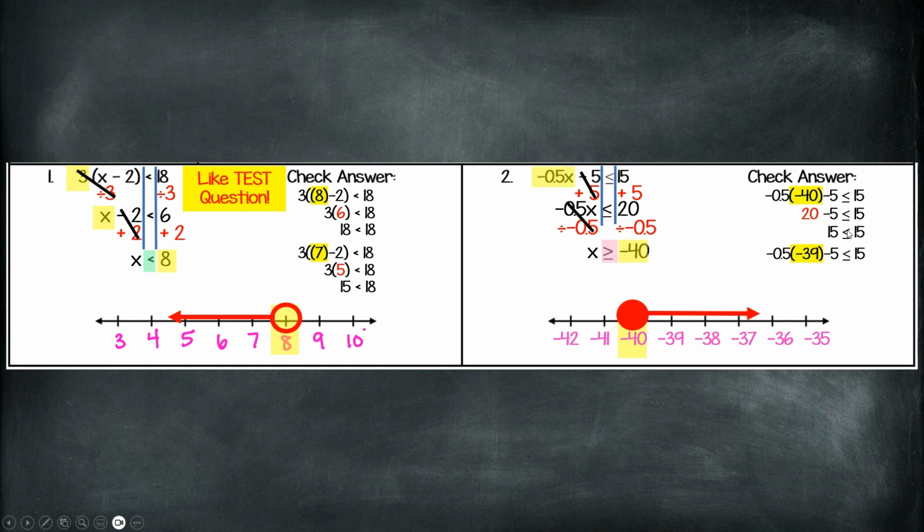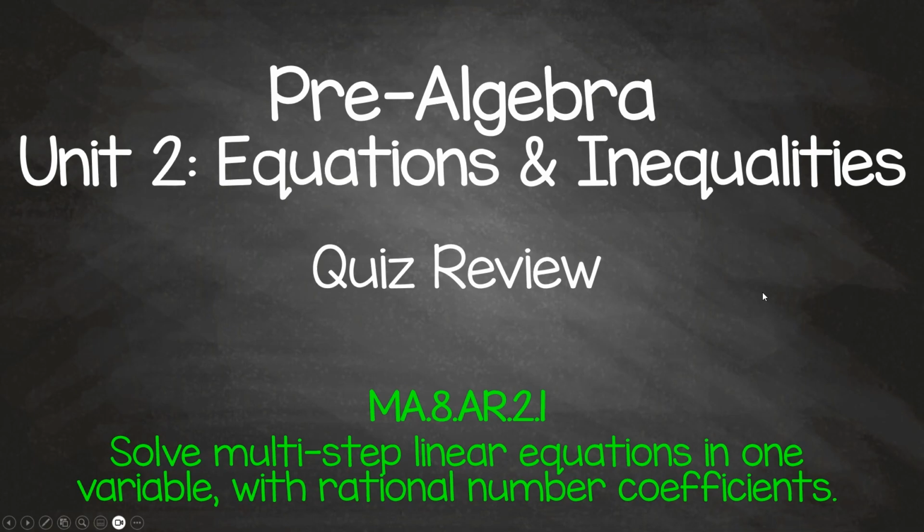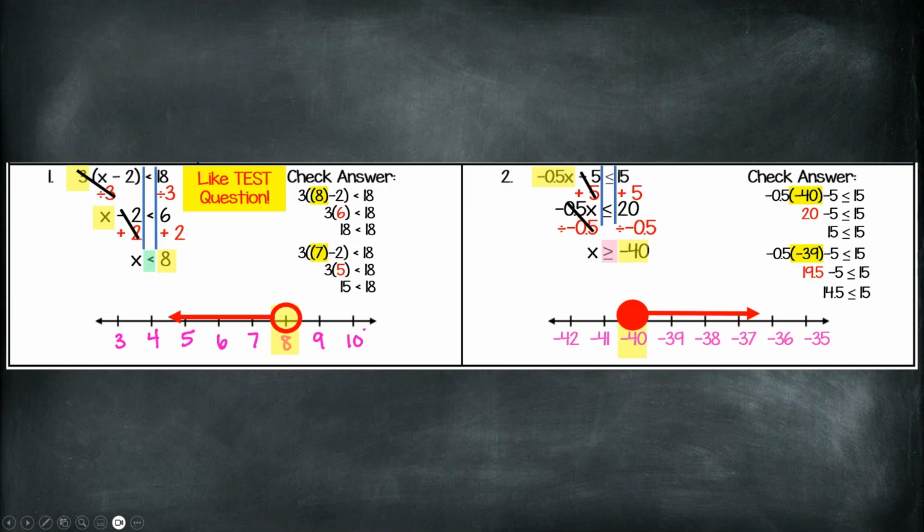Is 15 less than or equal to 15? Yes. Is negative 39, when I plug that value in, which is the first number after the closed circle, if I plug that in, is that solution also true? Yes, it was. All right, that's it for your two-step inequality notes.